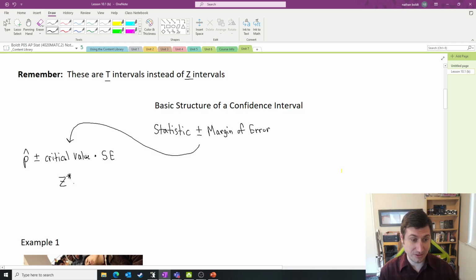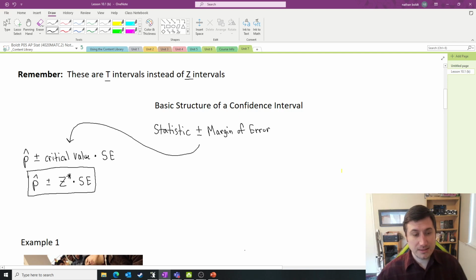How many standard deviations do you have to go out to capture the desired confidence? So that was our confidence interval structure in the previous unit: the statistic plus or minus z star times the standard deviation.